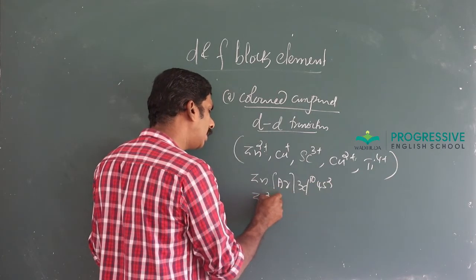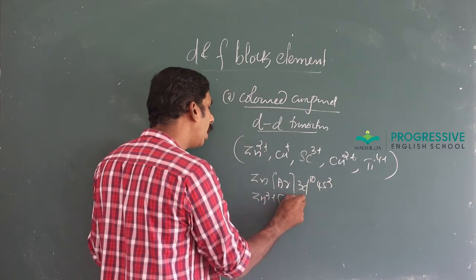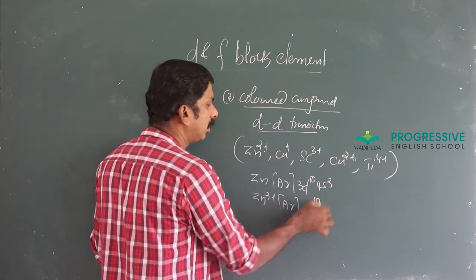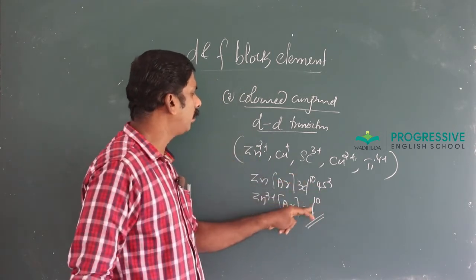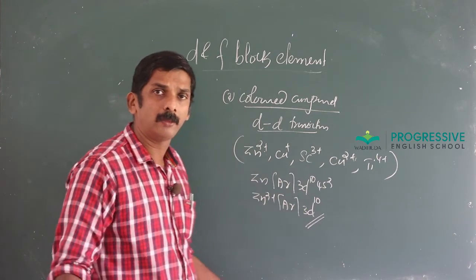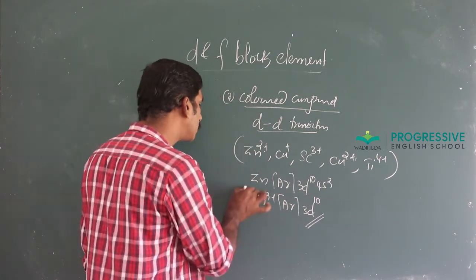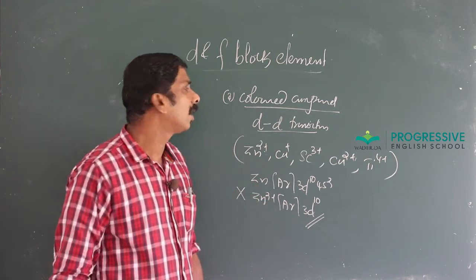When it becomes Zn2 plus, it is argon core 3d10, that is, by removing 2 electrons it becomes 3d10 configuration. d10 means completely filled. There is no chance for d-d transition. Hence, Zn2 plus is colorless.